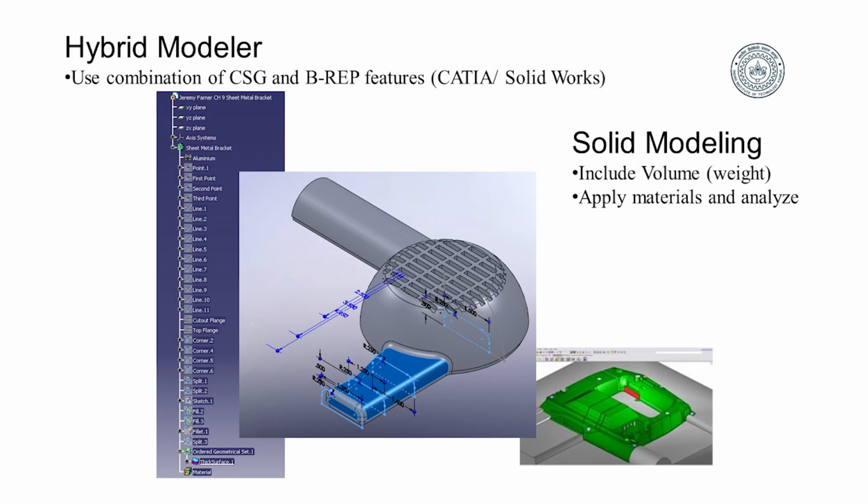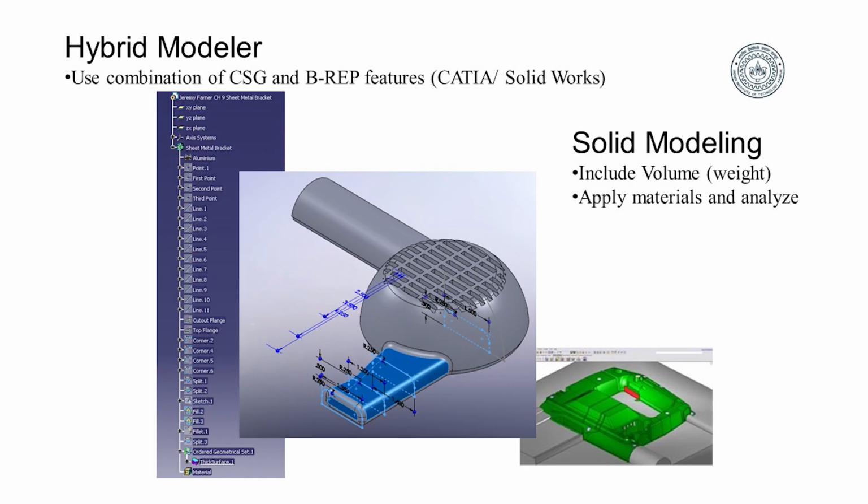Whereas, if you had just solid modelers, you just create the solid bodies, where you can analyze them for volume, materials, etc. So, there are different types of modelers that exist. If you can get your hands on CATIA, I would strongly recommend it and see how it is different from other CAD packages.